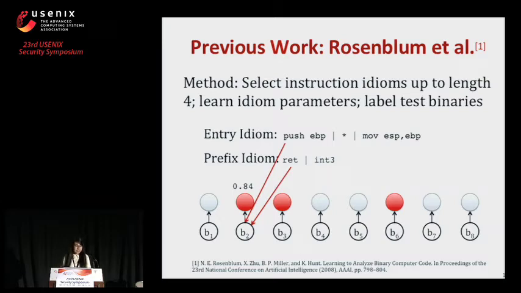Then they learn idiom parameters, and in testing, they score each byte of test binaries with a combination of the parameters from matched idioms. The main issue of the approach is scalability.